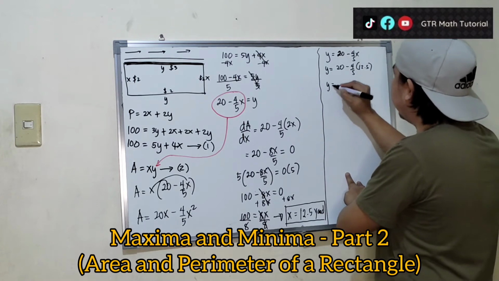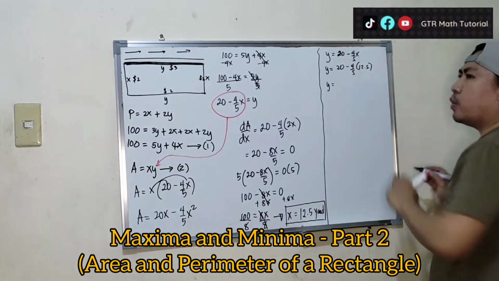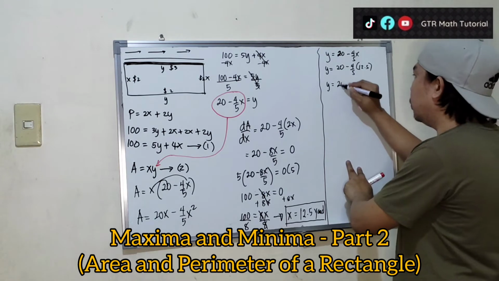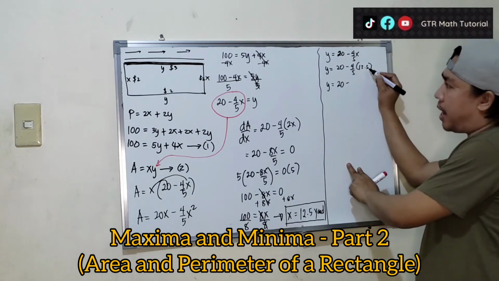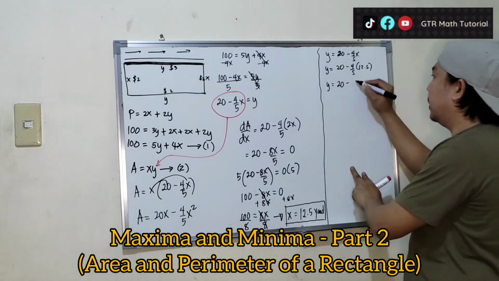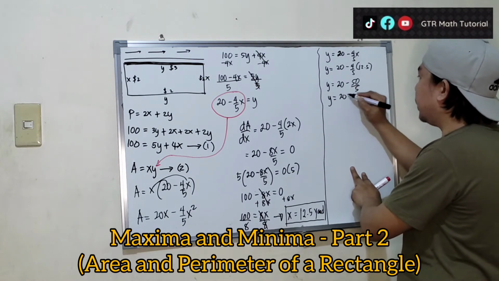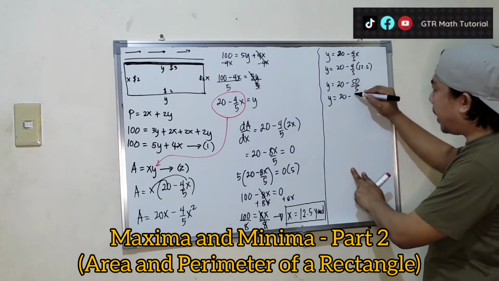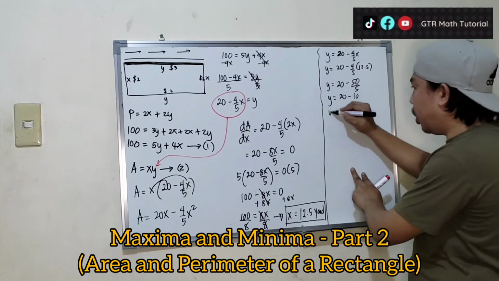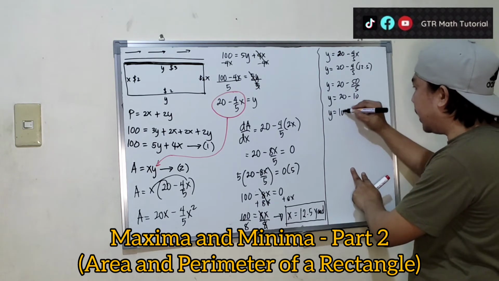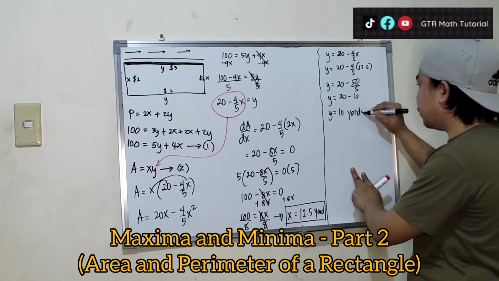So 4 times 12.5 is 50. So 50 divided by 5, so y equals 20 minus 50 divided by 5, that is 10. So therefore, the value of y is 20 minus 10, which is 10 yards.